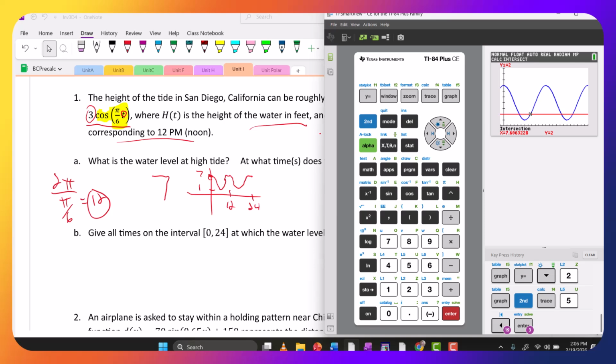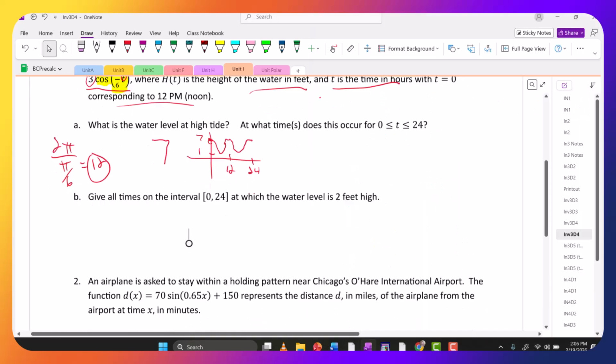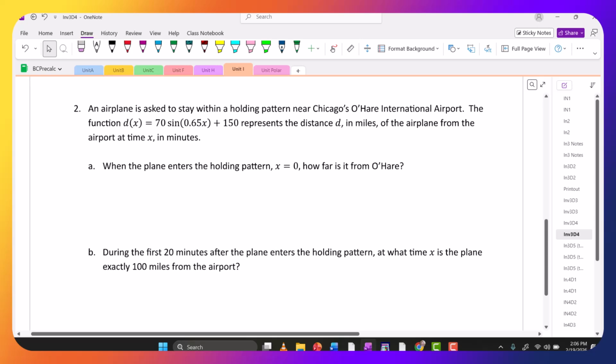You okay? Everything fine? All right, because we got to get to the tough stuff. Right, and then this one, airplane is asked to stay in a holding pattern, airport, blah, blah, blah, represents the D in miles of the airplane from the airport at time X in minutes. When the plane enters the holding pattern, X equals 0, how far is it from O'Hare?